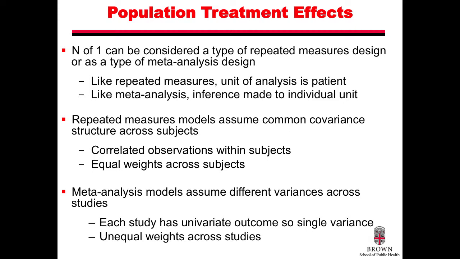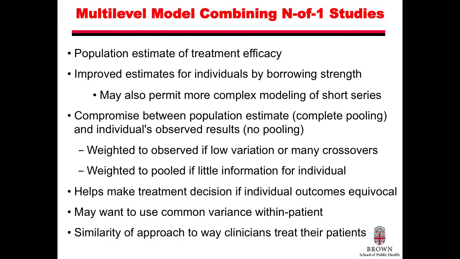And so then you have to think about what kind of covariance structures you're using and what kind of model you're using, where each study has a univariate outcome. So there's a single variance, but you have unequal weights across the studies according to basically how much information you have on each person. And then you can combine that all into a multi-level model where we're basically weighting the population effects with the individual effects in a certain way.